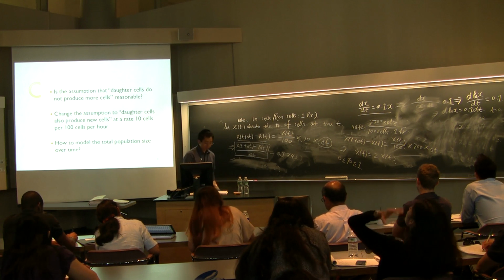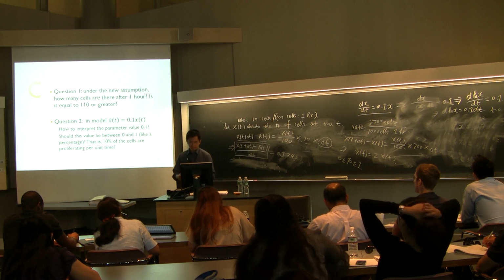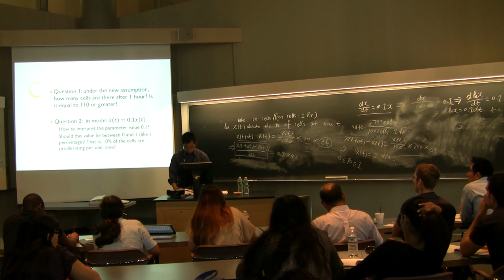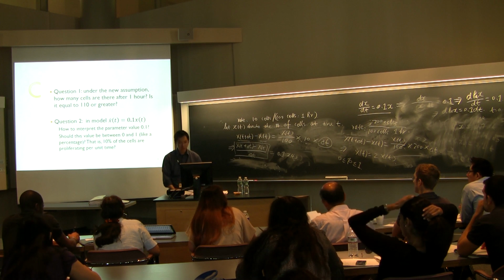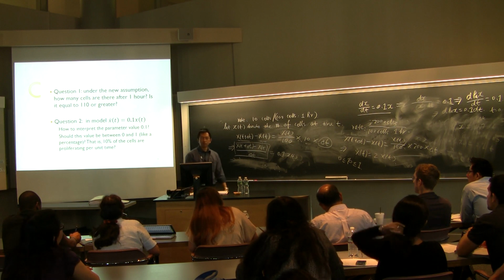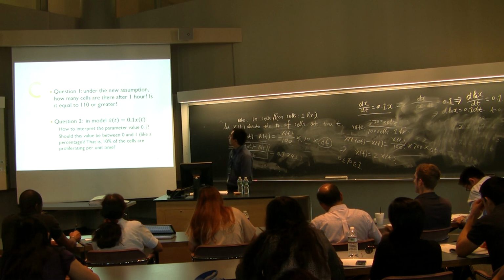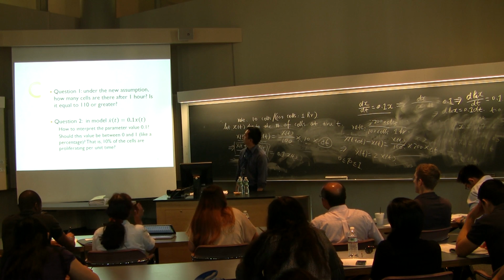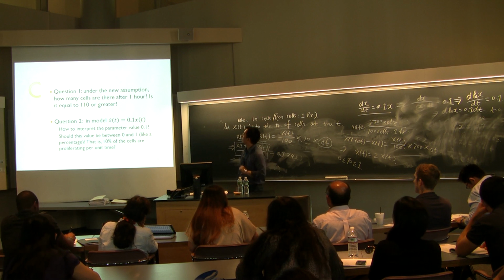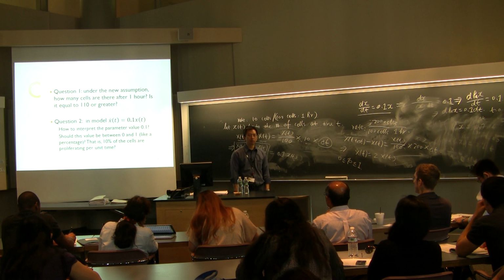So now let's look at these two questions. Under the new assumption, how many cells do we have after 1 hour for the exponential growth model? Should it be equal to 110 or greater?